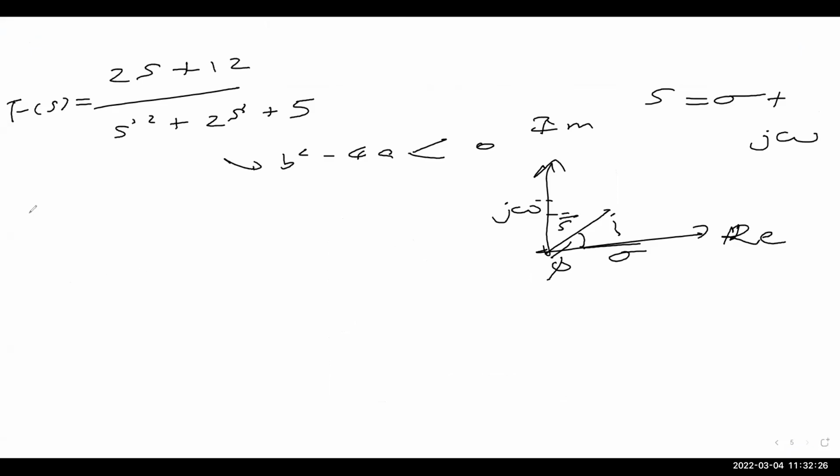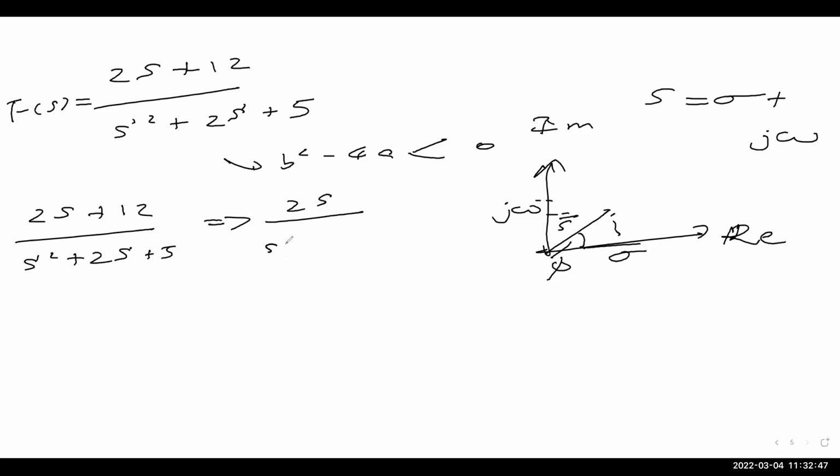So we can get (2s plus 12) over (s squared plus 2s plus 5). We can get 2s separately over s squared plus 2s plus 5.